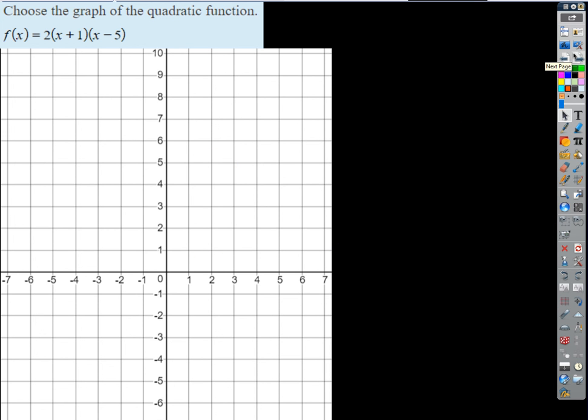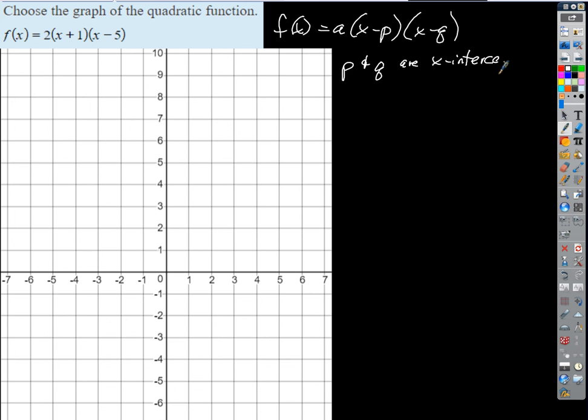What about this one? What form is this in? Factored form. Good. So A times x minus p times x minus q, where p and q are just the x-intercepts, right?